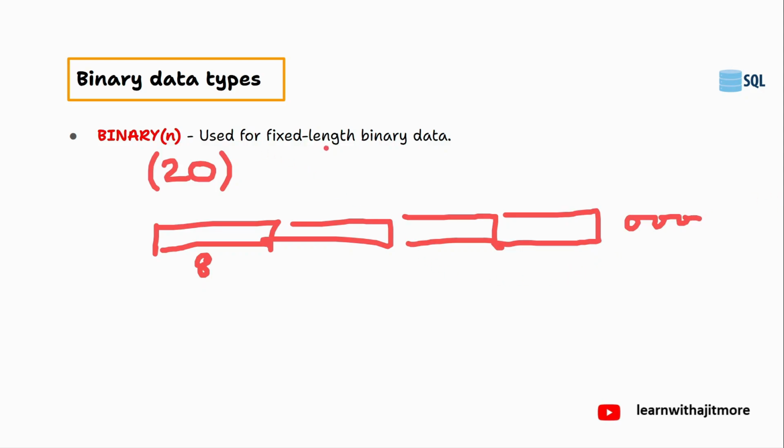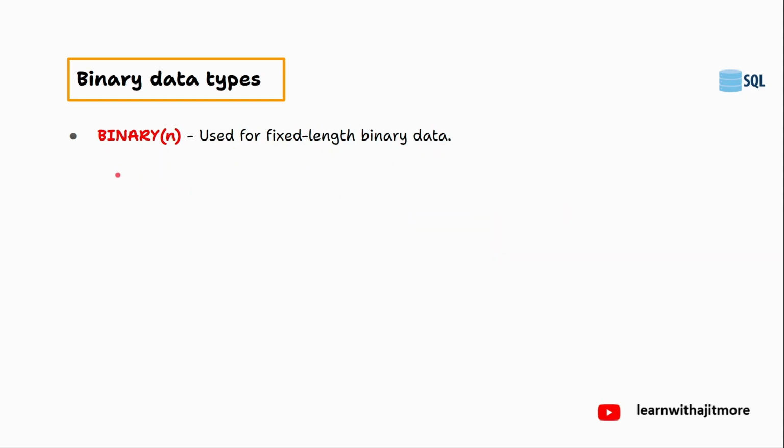Correct? So used for fixed length binary data. Same as what we did just now for varchar and char. तो बताया था ना char में अगर 20 है and your value is Pune, तो Pune is only 4, so the remaining 16 are filled with blanks, spaces. तो यहाँ remaining 0, 0, 0, 0, 0, 0 से पैक कर देते हैं.